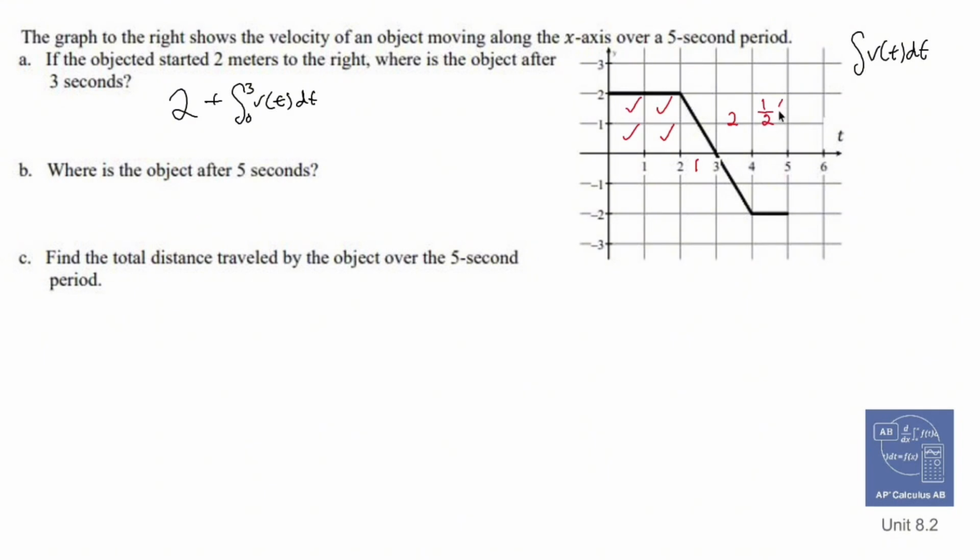So 1/2 of base times height is half of 1 times 2, which is 1. So that's the same as saying 2 plus 5, which is 7. So we are 7 units to the right. Okay, I'm assuming that we're still 2 meters to the right, so let's keep that 2 going on there.